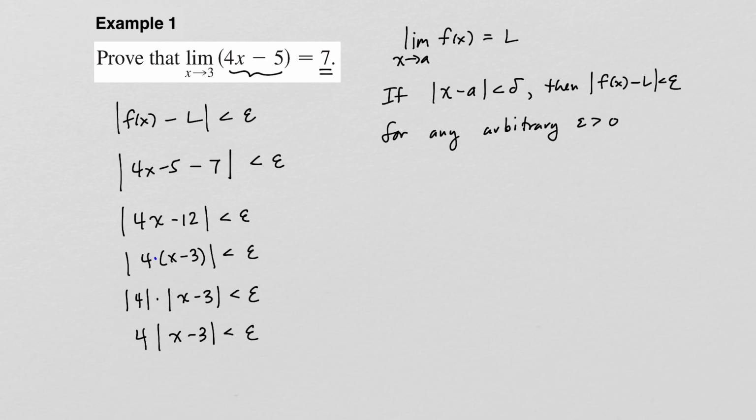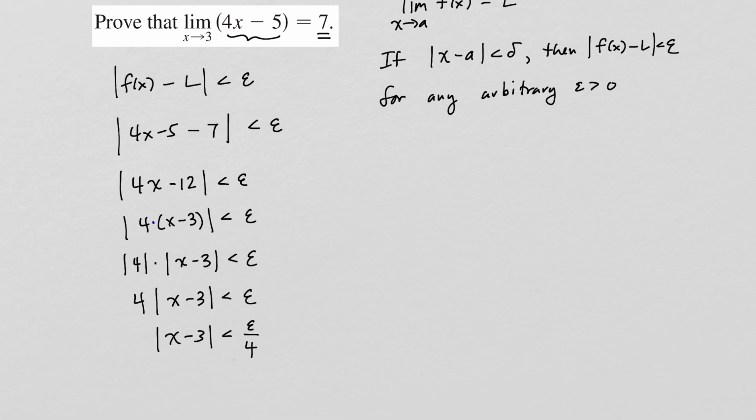And now if I divide by 4, I get the absolute value of x minus 3 must be less than epsilon divided by 4. Now I want you to notice in the end here that this is x minus a, because in this problem a is 3. So what we have here is the absolute value of x minus a must be less than epsilon over 4.